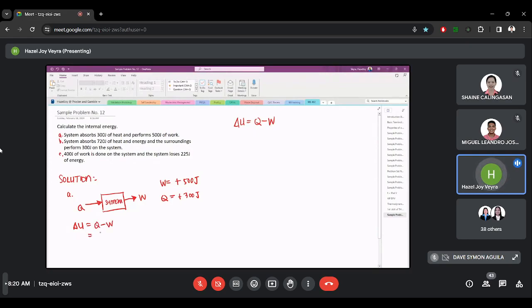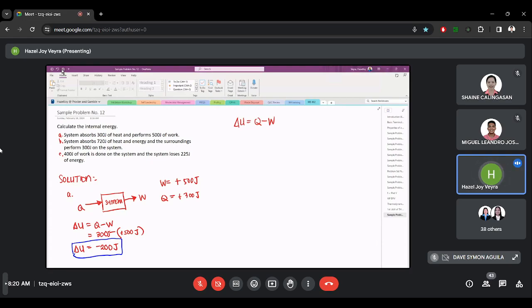So, direct sub lang. 300 minus positive 500 joules. So, the change in internal energy is negative 200 joules.